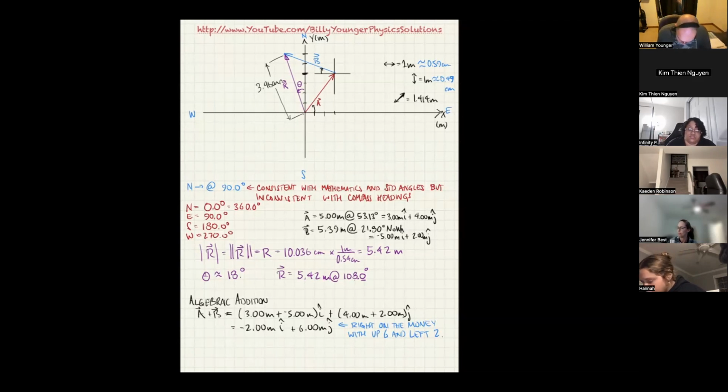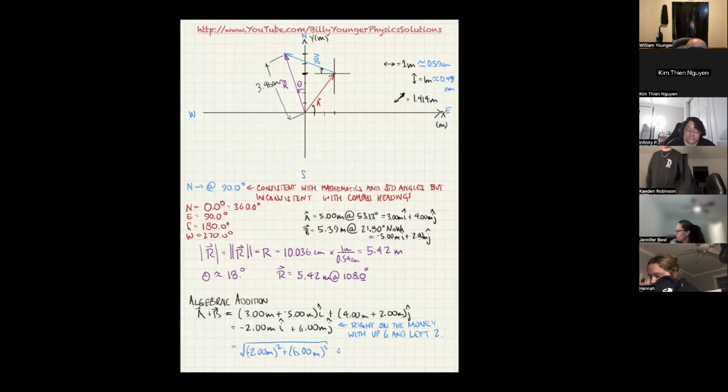So now I'm going to use the Pythagorean theorem and say this is also equal to the square root of negative 2.00 meters squared plus 6.00 meters squared at inverse tangent of, and this is where I'm going to say 2/6, like that. And that's from positive y-axis.